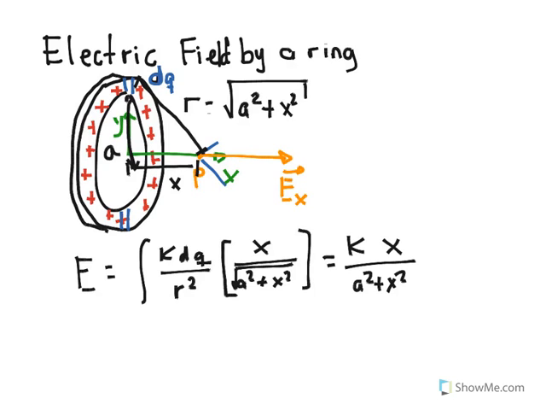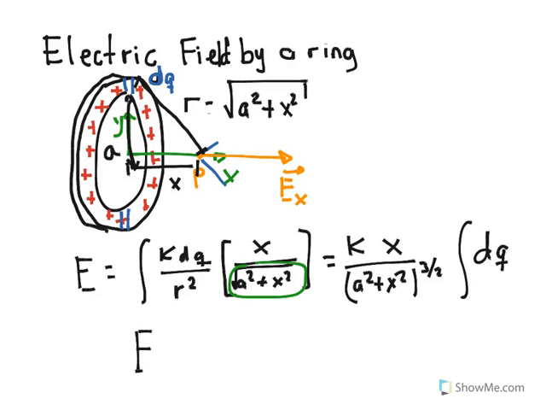The square root is going to be constant as well, so this makes the exponent 3/2. And then what remains is the integral of dq, and the integral of dq is q.